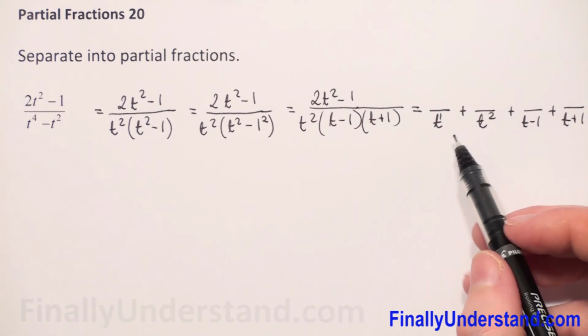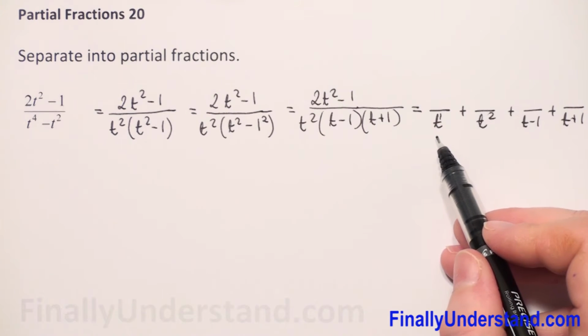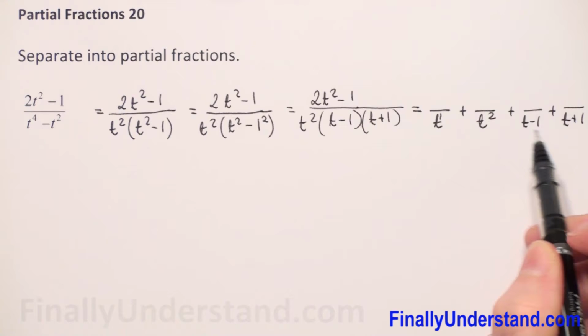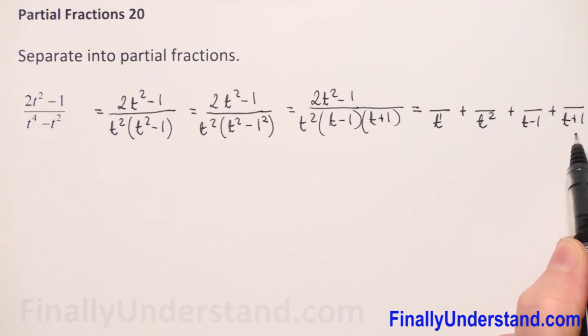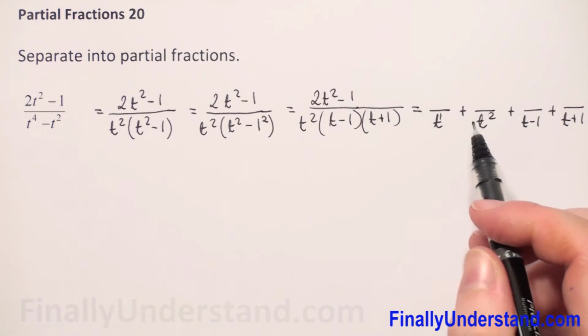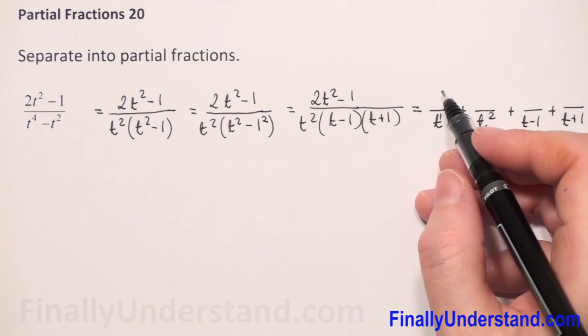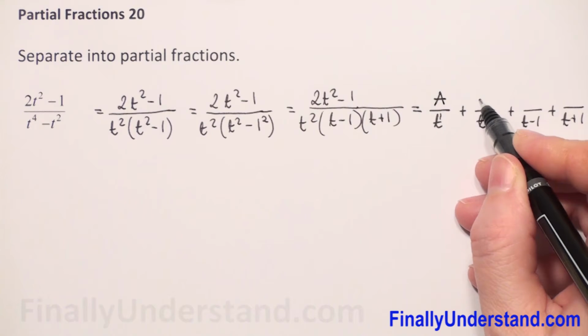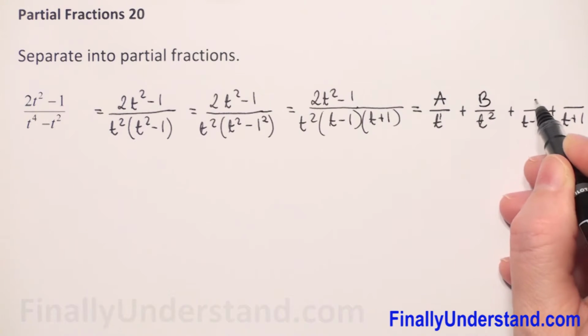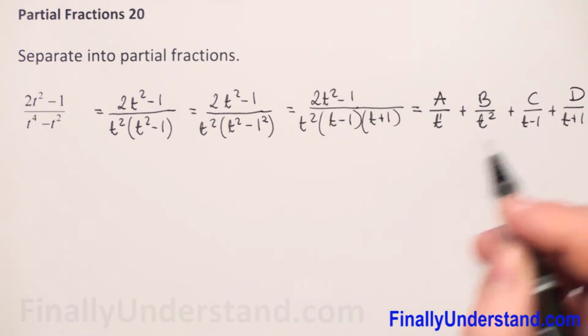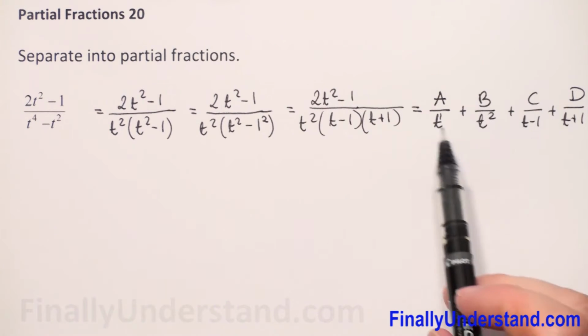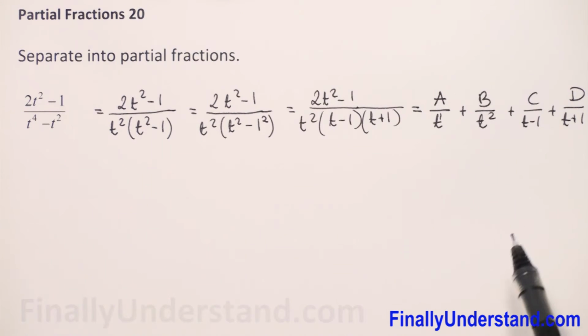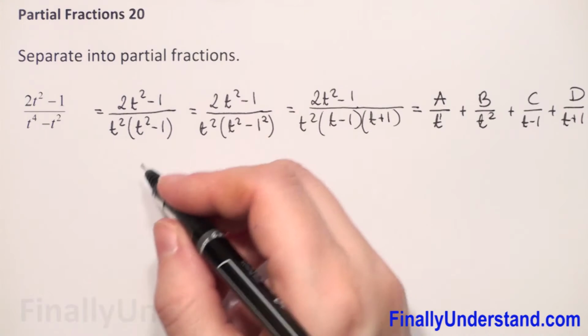And now we have to check again the factors. We have linear factors. When we have linear factors, it means that in the numerator we have only constants. So I write A, B, C, and D. So now we need to find A, B, C, and D. So let me copy one more time.